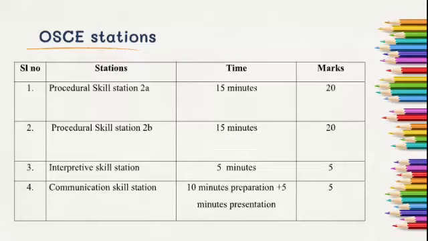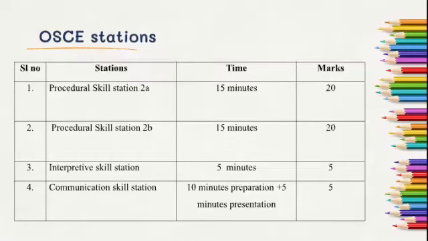So each carries 20 marks. And this procedure skill station is an objective type. So the external or the internal will have an observation checklist. So they will just observe your procedure skill and they will score you according to the skill you have.